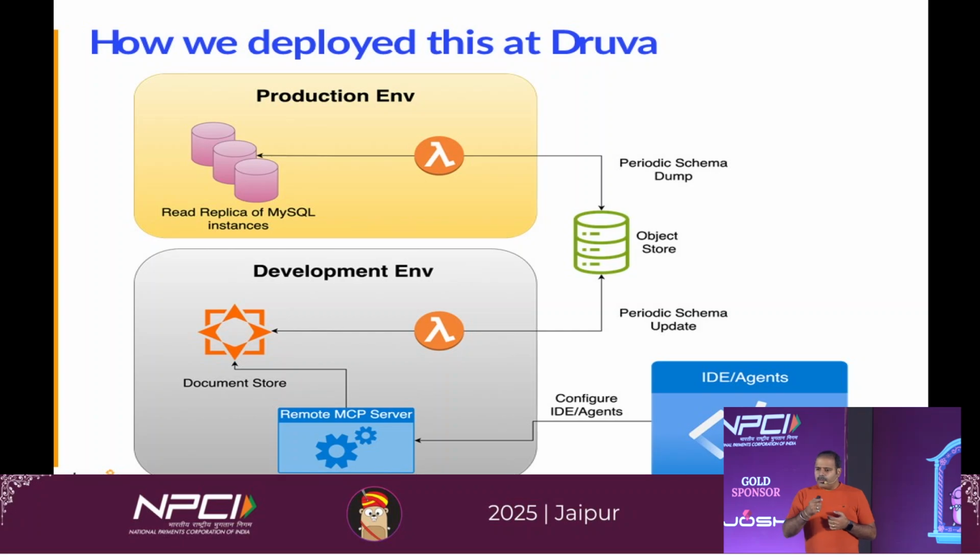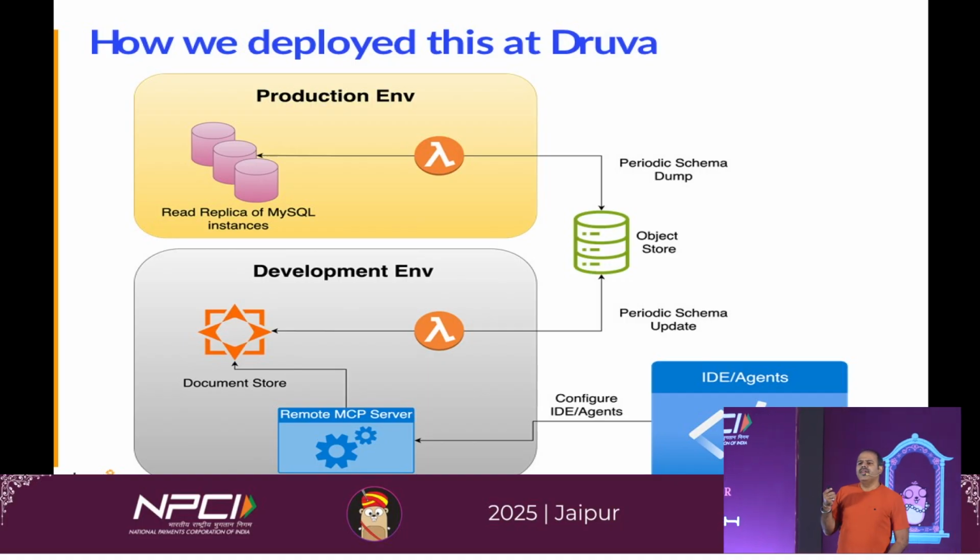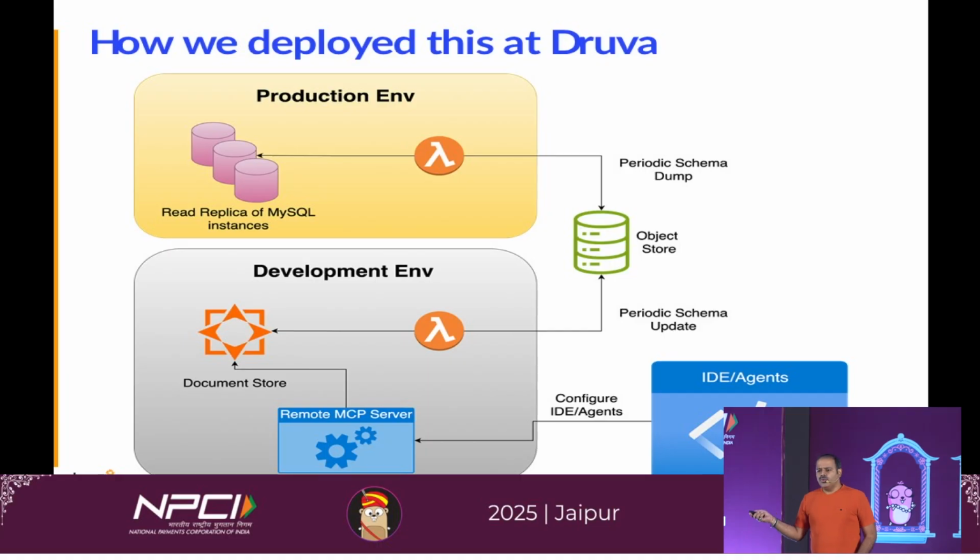So how did we deploy this in our environment? We have a production environment with 15-plus database instances, and we have read replicas for them as well. What we have done is a Lambda function that periodically reads the schema and dumps it into an object store. Then another Lambda function in our development environment pulls that schema, post-processes it, and stores it in a document store.